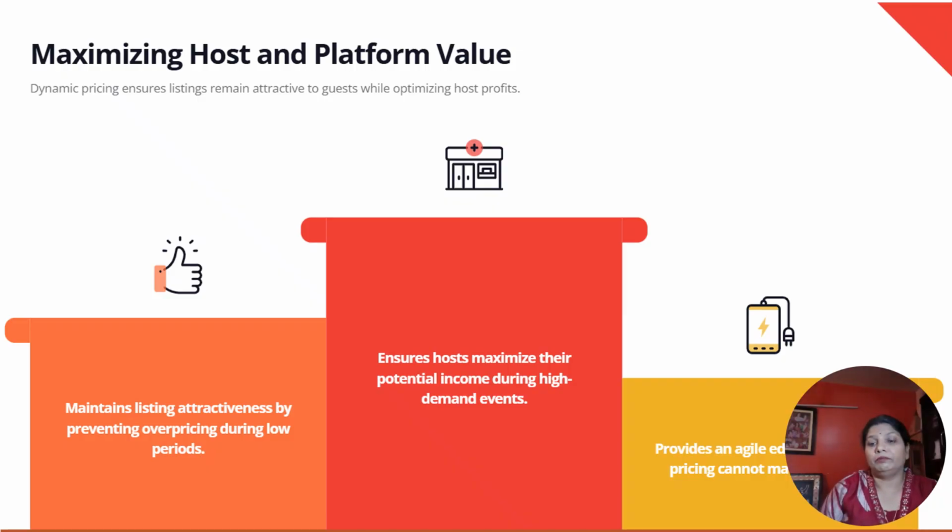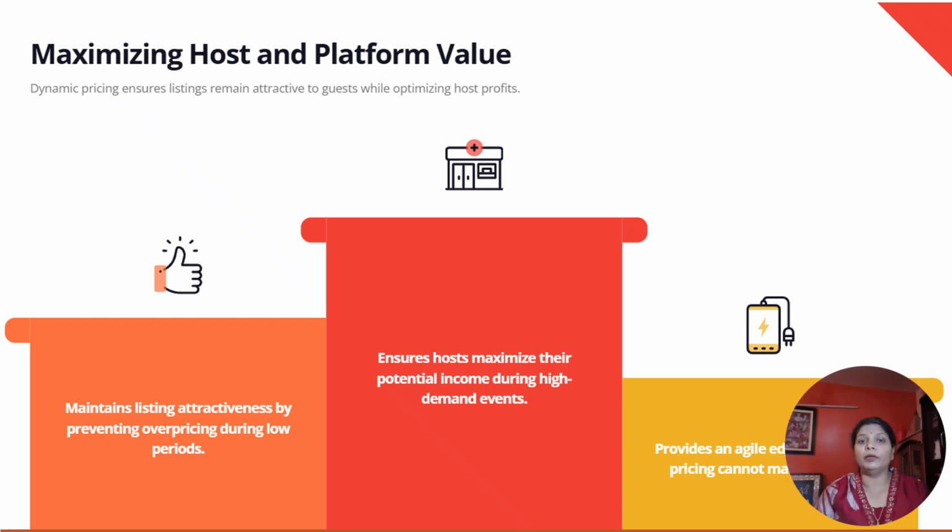So we see that dynamic pricing creates value for both hosts and the platform on Airbnb. First, dynamic pricing helps maintain listing attractiveness during low demand periods. By preventing overpricing when demand is weak, listings remain competitive and continue to attract bookings.